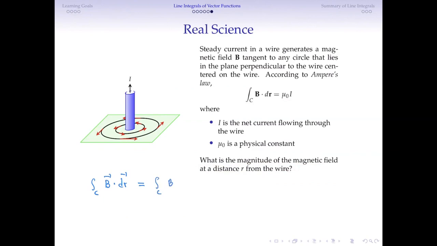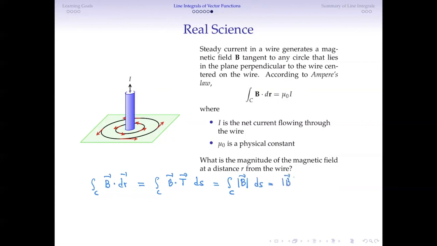So let's remember this definition of the line integral, with the unit vector t. Since the B field is tangent to the path, this is going to be really just the integral over the curve of the magnitude of the B field integrated over arc length.